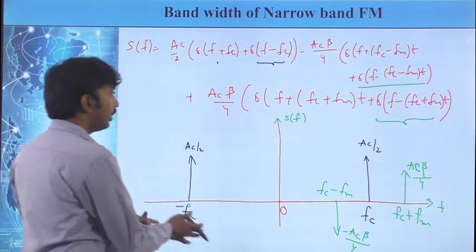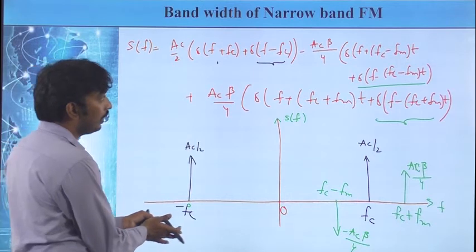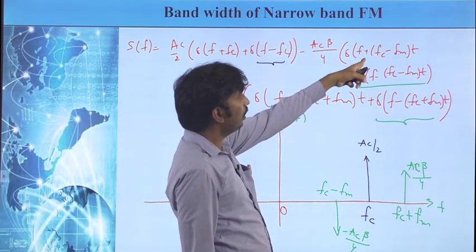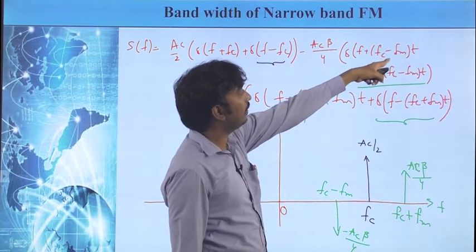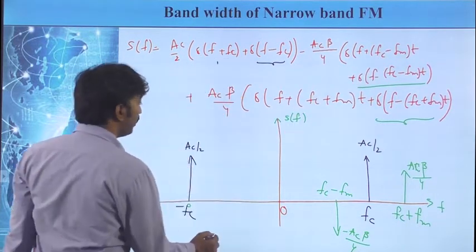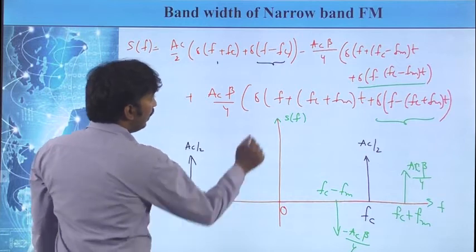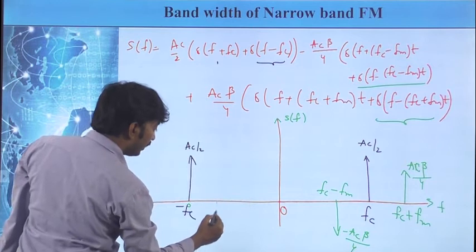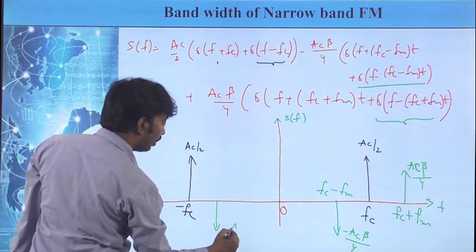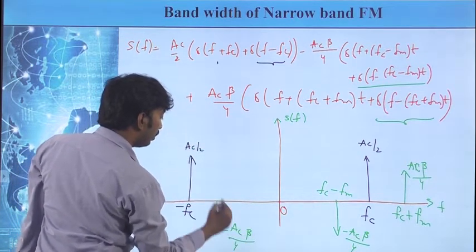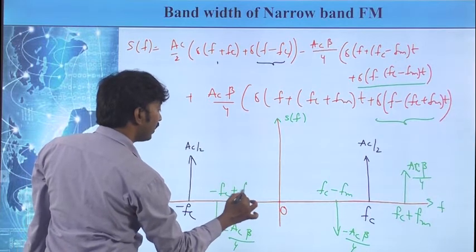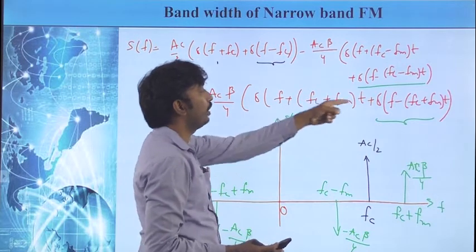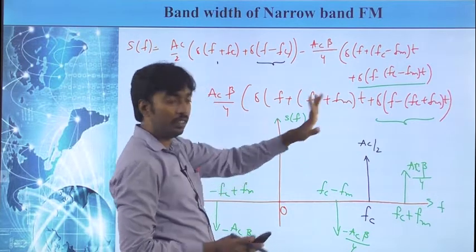Now the same thing I am going to plot here. F is equal to minus Fc plus Fm. So at minus Fc plus Fm, the magnitude is minus AC beta by 4. Now if you see here, F is equal to minus of Fc plus Fm, which means minus Fc minus Fm.